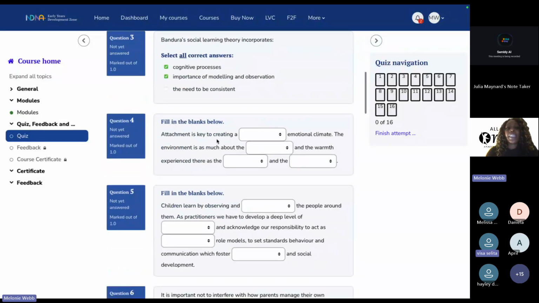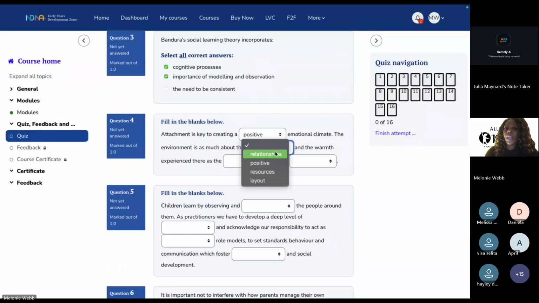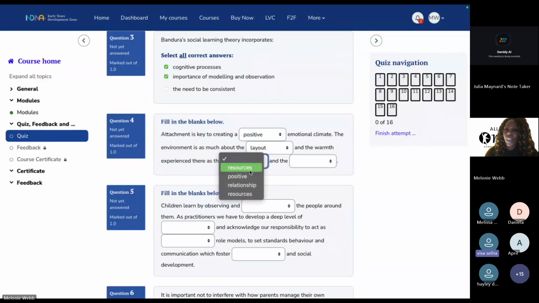Attachment is key to creating a positive emotional climate. The environment is as much about the layout and the warmth experience there as much as the resources and the relationships. Hang on a minute, this doesn't make sense.